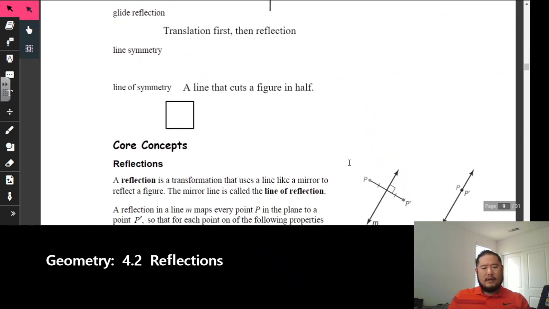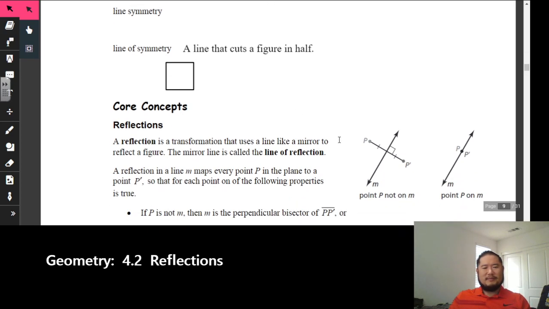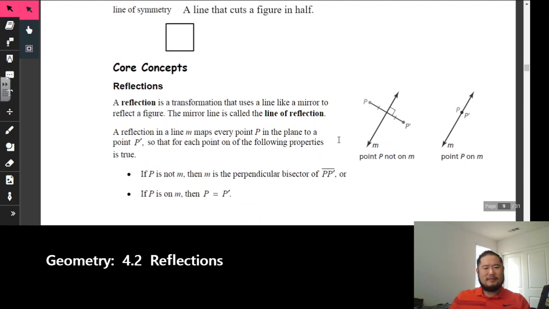Let's go ahead and move on down. So line of symmetry, a line that cuts a figure in half. Look at here, I got a square that I could have used to have done the diagram or the explanation.